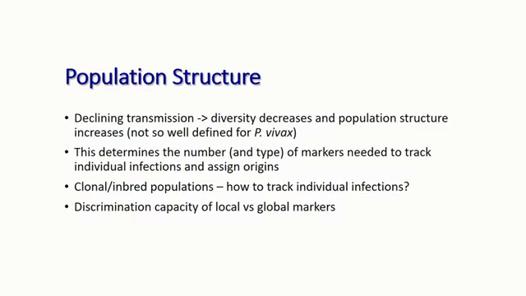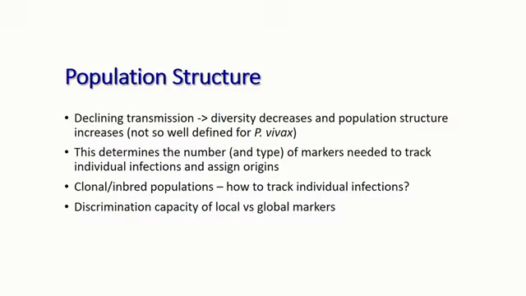And also as we reach very low transmission levels, we see an increase of imported infections, and so diversity then potentially could increase after that point. So we'd have more diverse parasites circulating in the population.